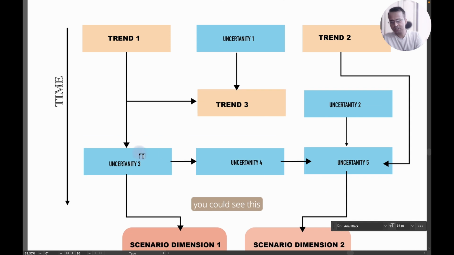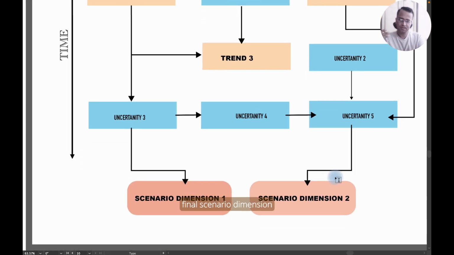Again, you could see this trend is also connected to uncertainty 3, uncertainty 4, and uncertainty 5, and these uncertainties accumulate together to bring up the final scenario dimension 2 as well as scenario dimension 1.